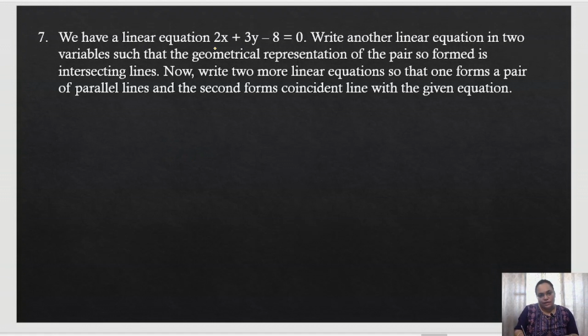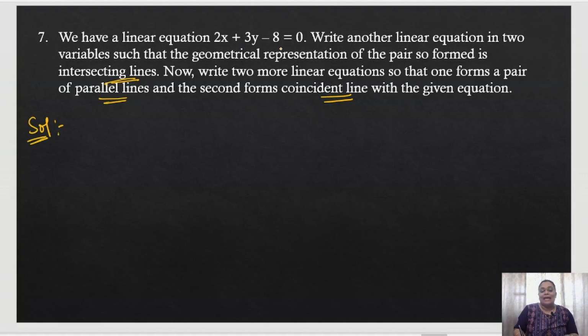We have a linear equation 2x plus 3y minus 8 is equal to 0. Write another linear equation in two variables such that the geometrical representation of the pair so formed is intersecting lines, and also write two more linear equations so that one forms a pair of parallel lines and the second one forms coincident lines with the given equation.